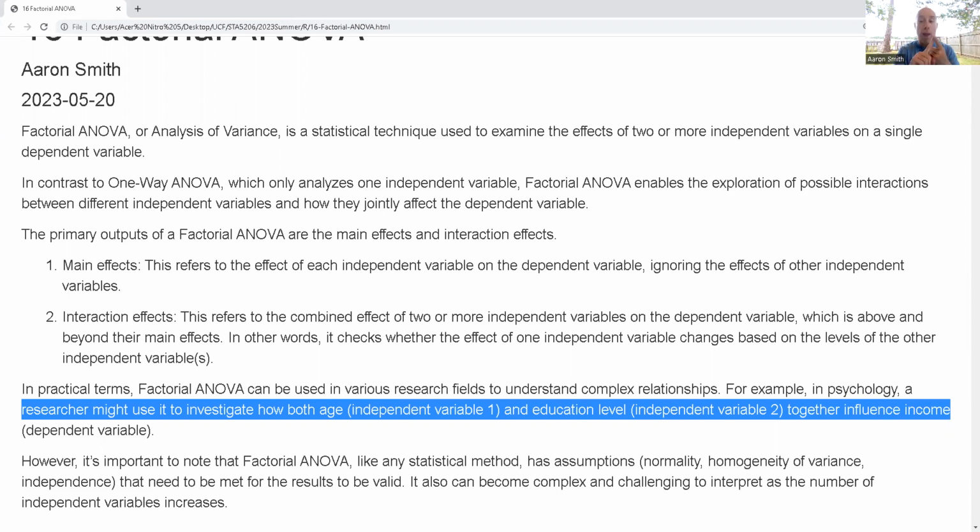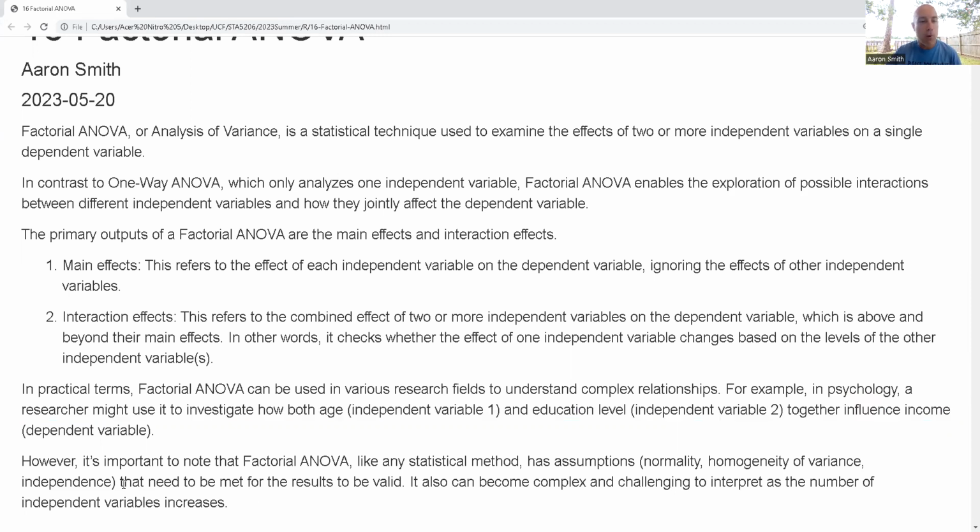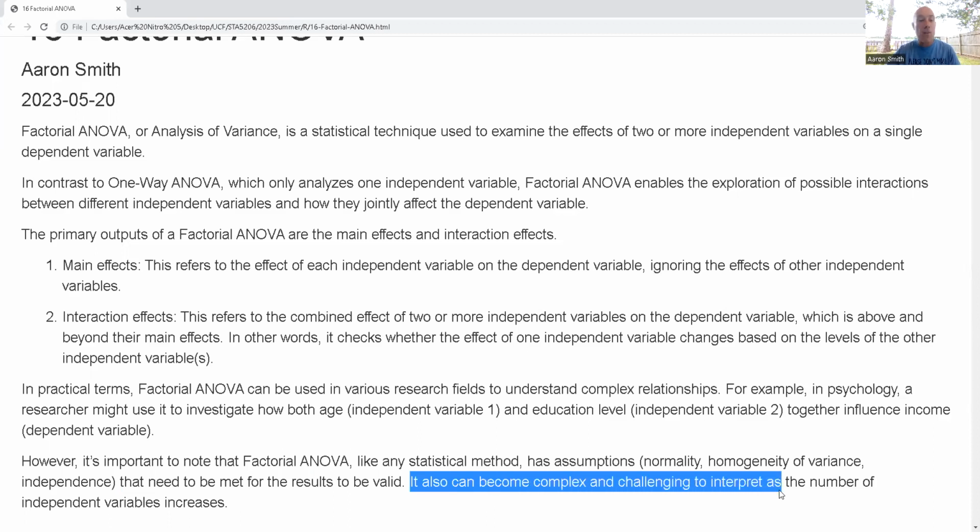The assumptions are normality, homogeneity of variance, and independence. And another one that we haven't talked about in the videos yet, I'll keep that a secret for a moment. And these assumptions need to be met for our conclusions to be valid. It also can become complex and challenging to interpret as the number of independent variables increases.